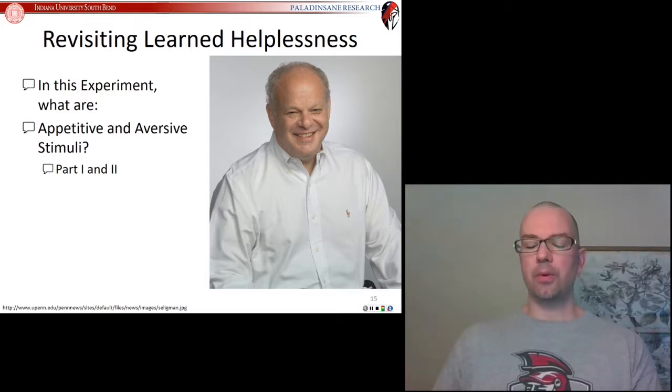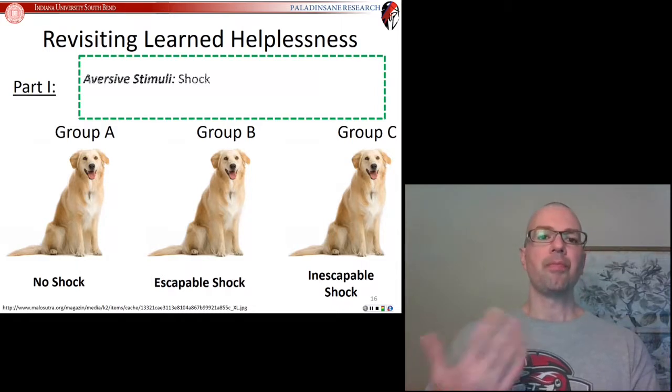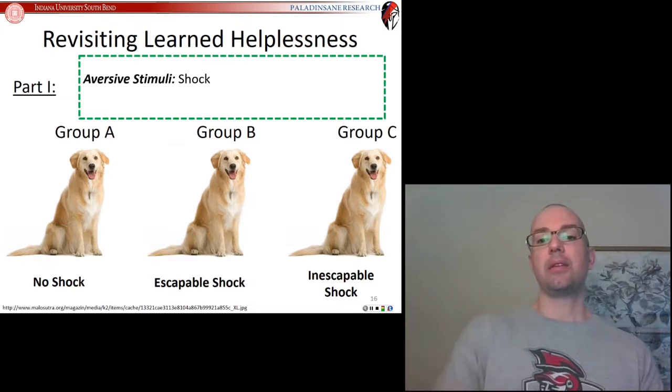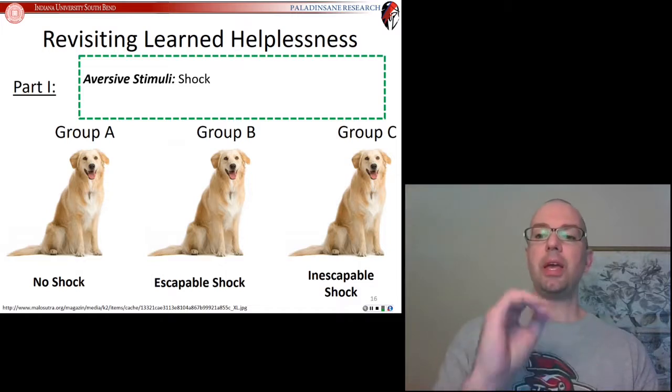All right, so hopefully you wrote down your answers. Let's take a look. So for part 1, aversive stimuli: the shock. Clearly the shock was an aversive stimulus, something that the dogs avoided, and the clearest evidence for that is from group B. So we know that the shock was an aversive stimulus because group B pressed the panel to avoid the shock.